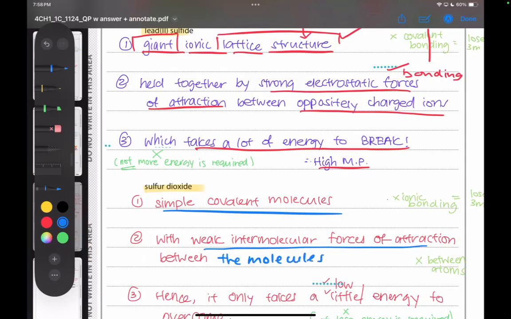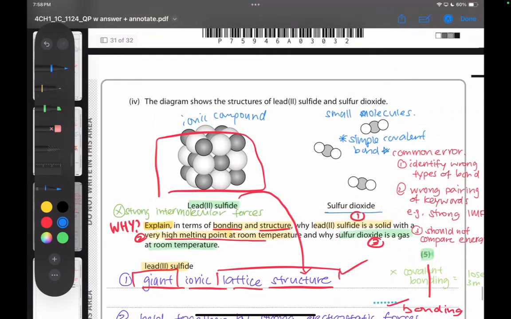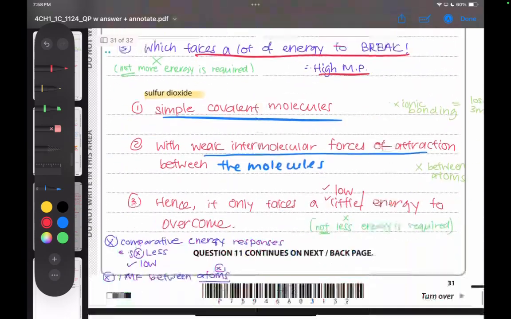So what do we mean by weak intermolecular forces of attraction? We have this molecule, and this molecule, and what is holding them together is these dots. This is what we call the weak intermolecular forces. So take note of this.